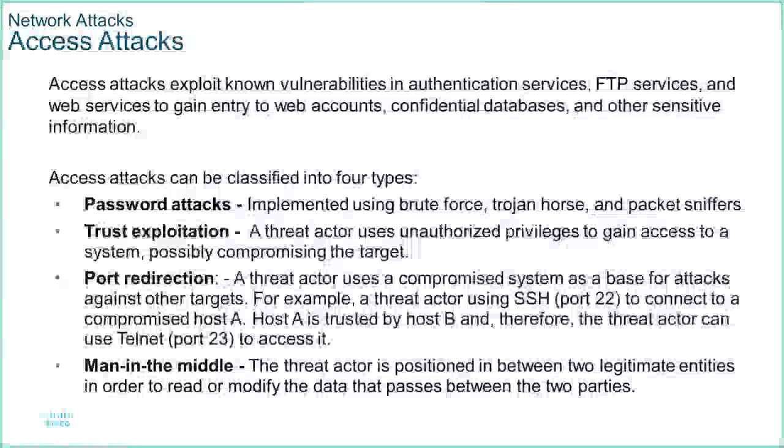Man in the middle is quite easy to do. This is where a device can impersonate a legitimate thing such as a gateway. Alright, remember we have an ARP protocol, address resolution protocol, that says I'm looking for the MAC address of this IP address, the gateway, for example. A device can respond to that impersonating the gateway.